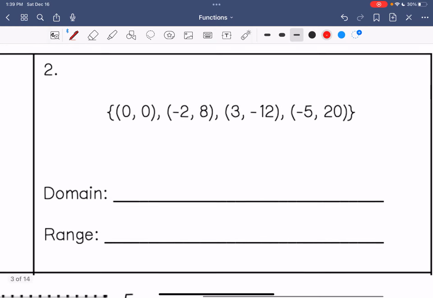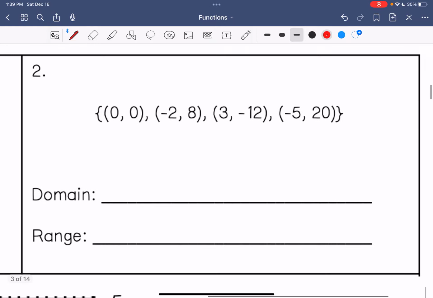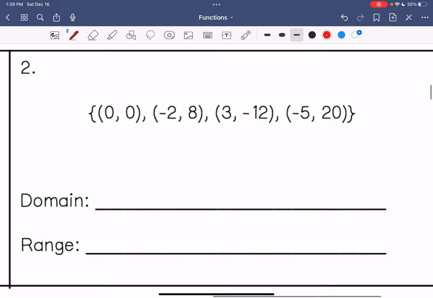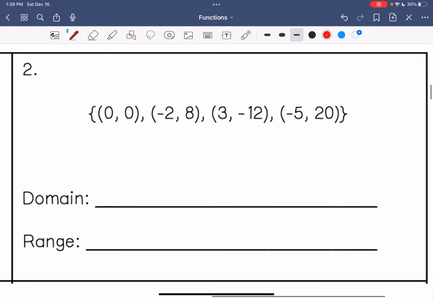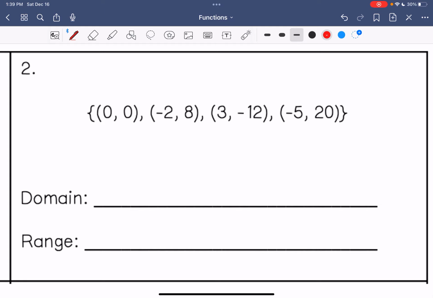Same rules apply for a set of ordered pairs. I challenge you to pause the video and try this one out real quick on your own. So same thing, domain is all of our x values. So we will take a look at all of the x values in each of those ordered pairs, and that is our domain.